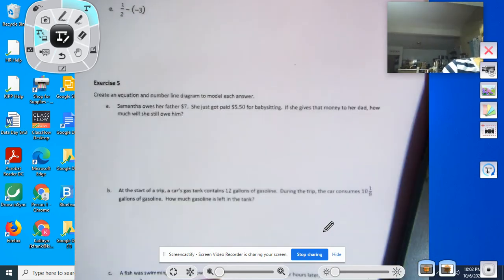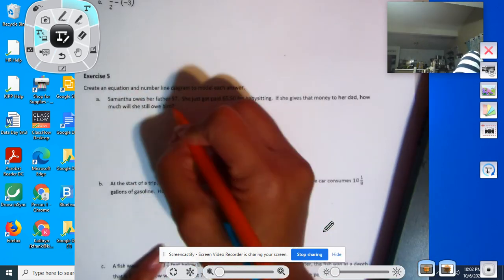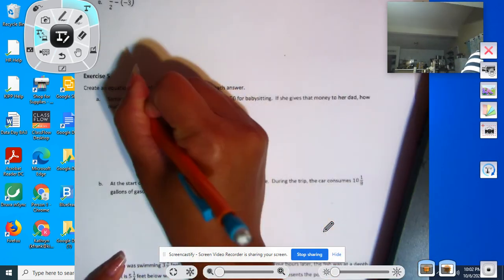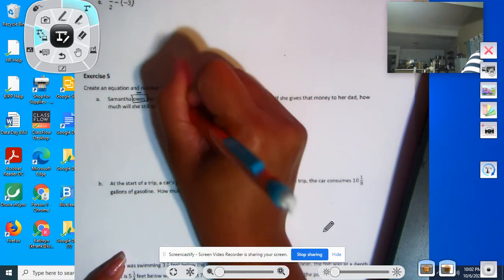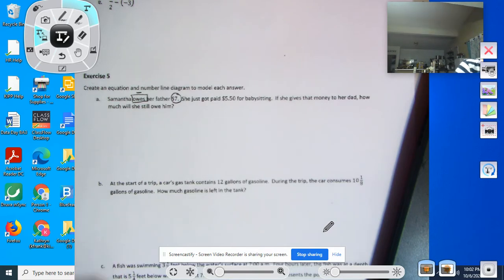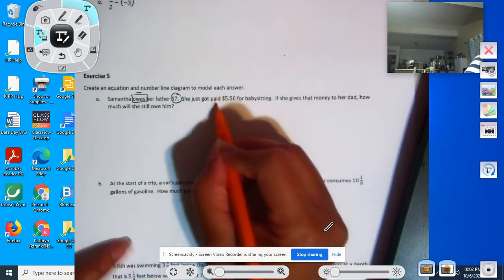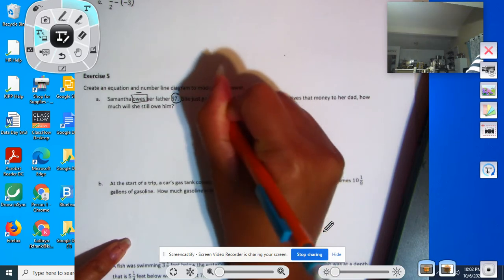So let's look at Samantha owes her father $7. Owes, that means she needs to give it to him. So that's negative. She's negative $7. Okay. And then it says that she got paid. If she's getting paid, that means that she's adding to her money.